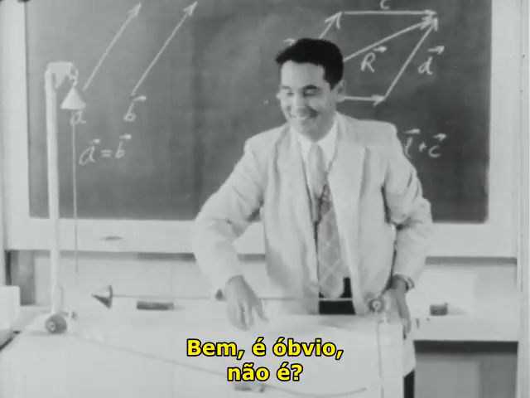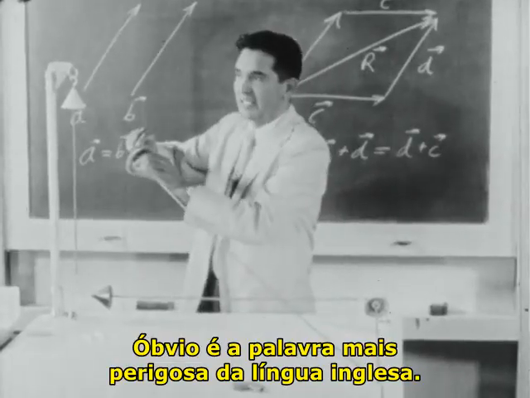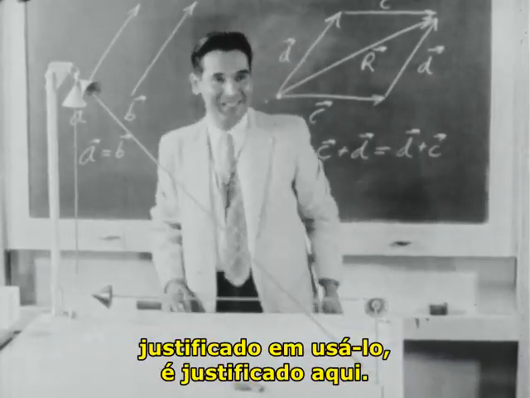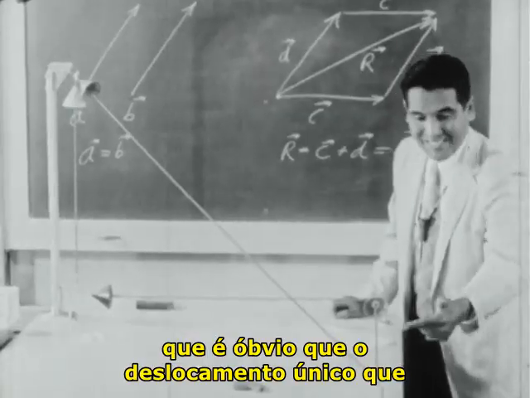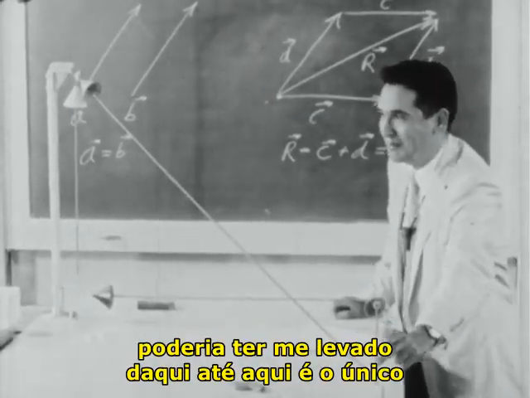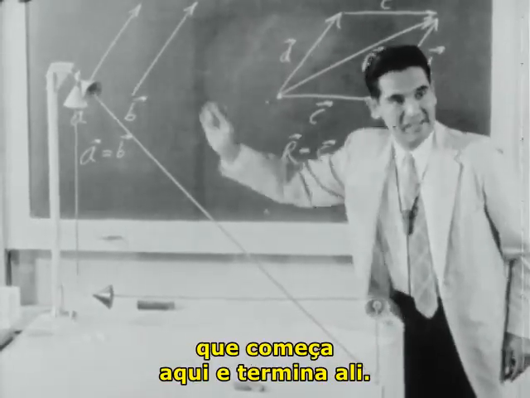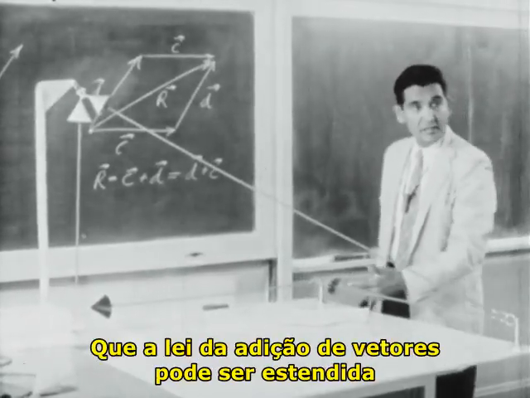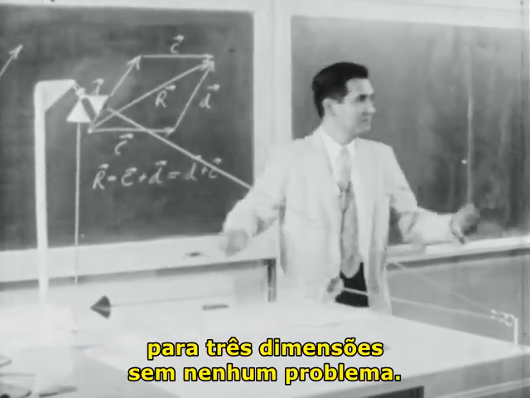Well, it's obvious, isn't it? Obvious is the most dangerous word in the English language, but I think, nevertheless, that if I'm ever justified in using it, it's justified right here. It is obvious that the single displacement that could have gotten me from here to here is the one that starts here and ends over there. Now, what have I shown? That the law of addition of vectors can be extended to 3 dimensions with no trouble at all.